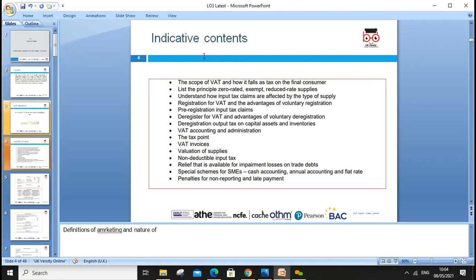So, indicative content: the scope of VAT, which we'll go through.